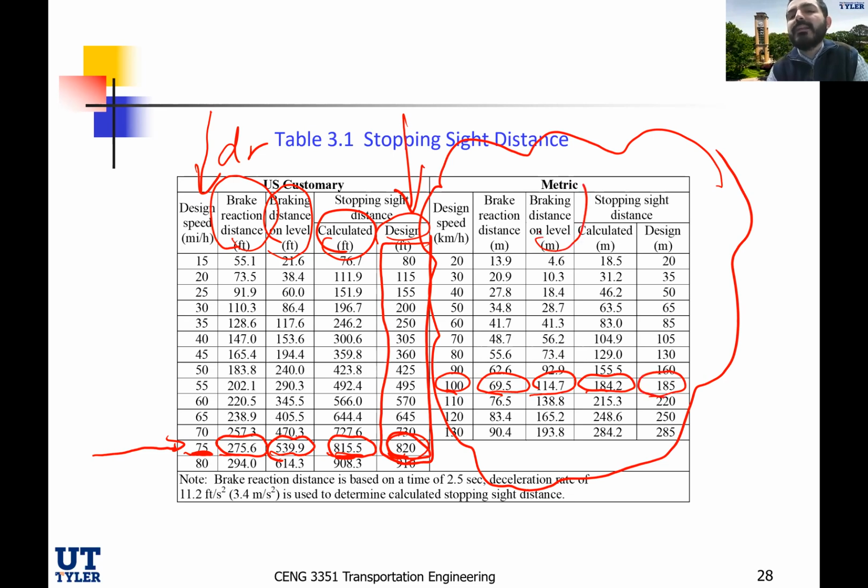Some of you may ask, what's the braking distance on level? This whole table is built on the assumption that if it's a level, the G is almost approaching zero, which you're going to say, okay, no, but ours is maybe 2% or 3%. Again, the difference between 0 and 1 or 2 or 3% is minimal.